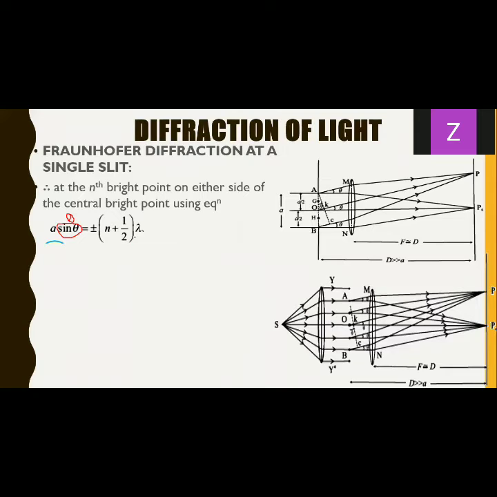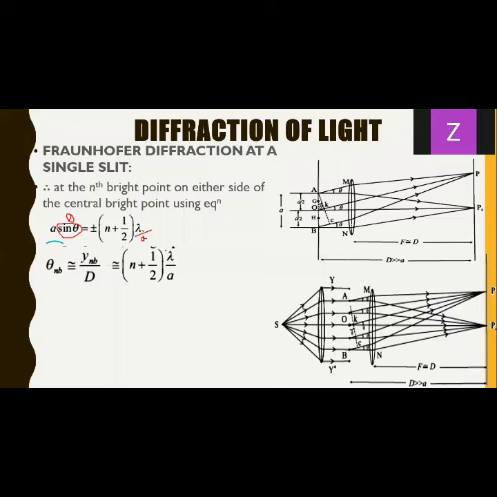So a goes over here, and it will be lambda upon a. Theta nb is approximately equal to y_nb upon D, which is approximately equal to (n plus 1 by 2) into lambda upon a.